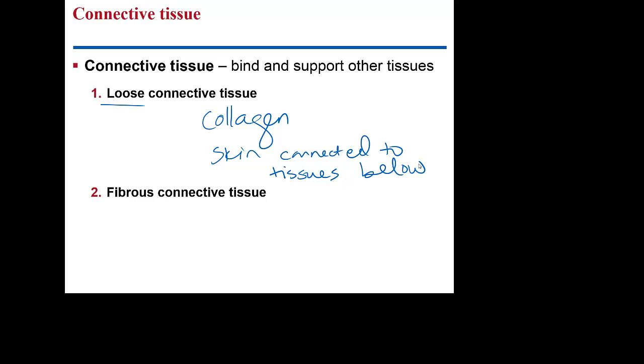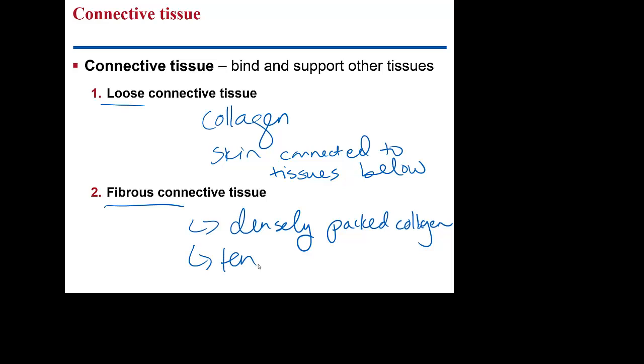So it holds your skin on. That's pretty important. Fibrous connective tissue is densely packed collagen. And we usually form these in tendons, use them primarily there to attach muscle to bone. So that needs to be a pretty strong attachment point, right?